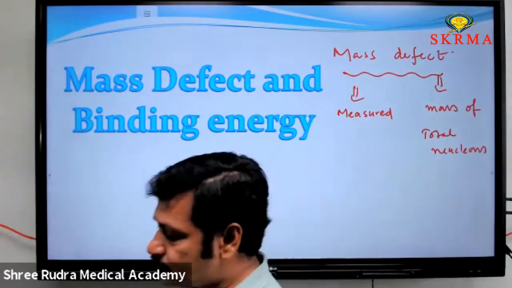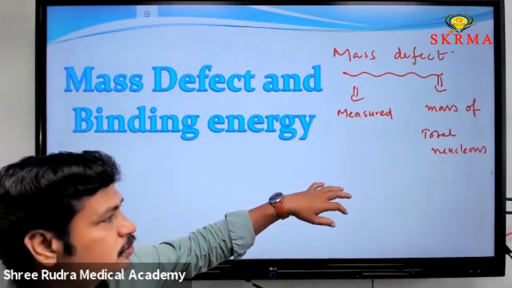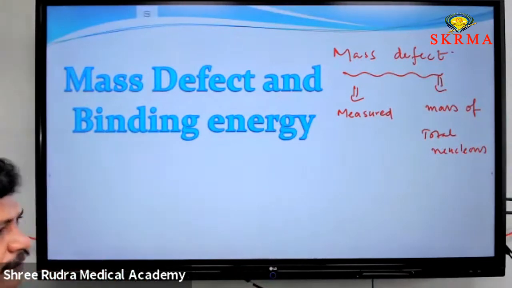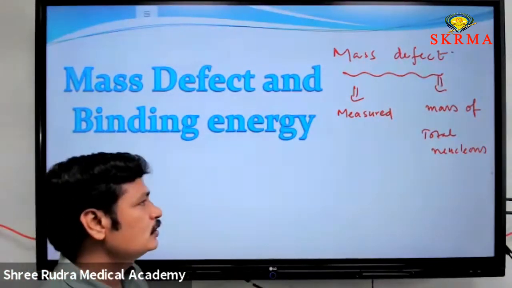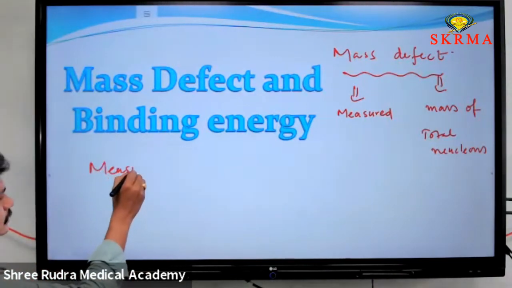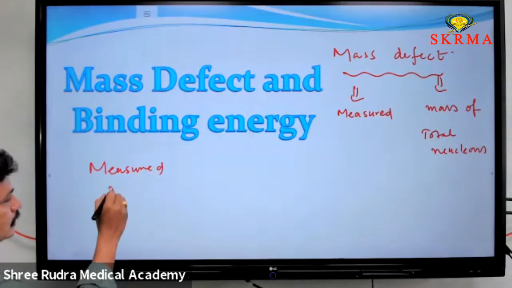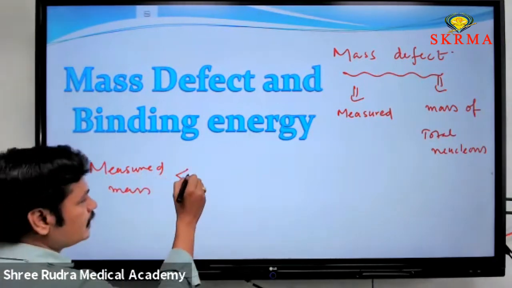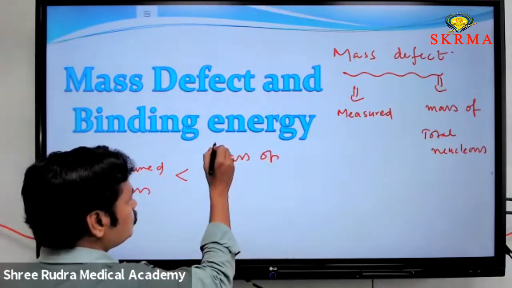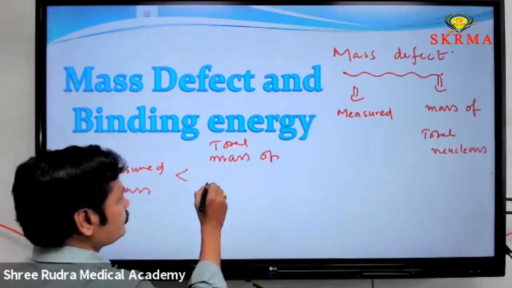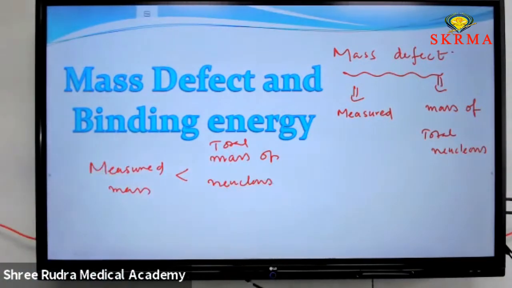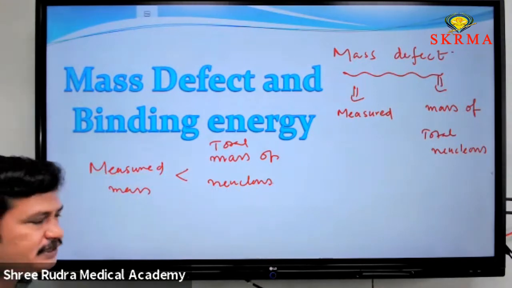In general, theoretically, the total mass of the nucleons should equal the mass of the nucleus. But practically, that is not happening. The general situation is that the measured mass is less than the total mass of the nucleons. It means some mass is defective there.